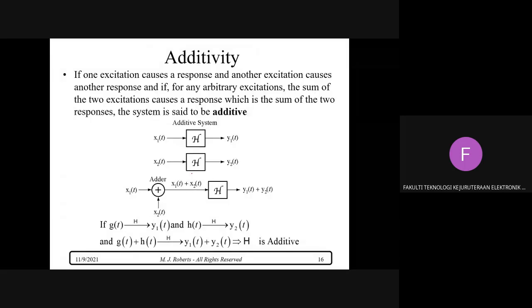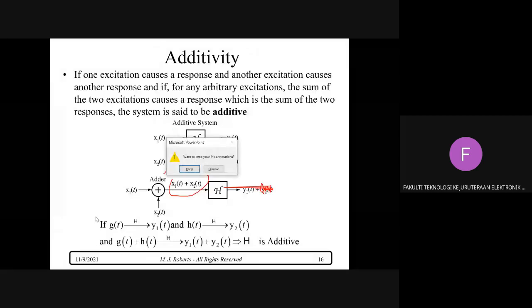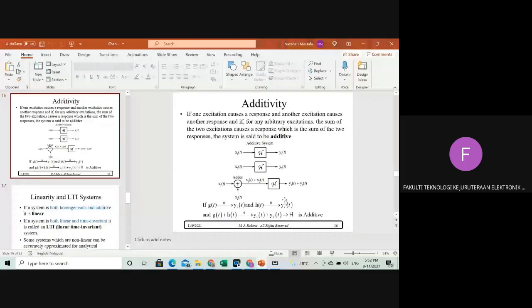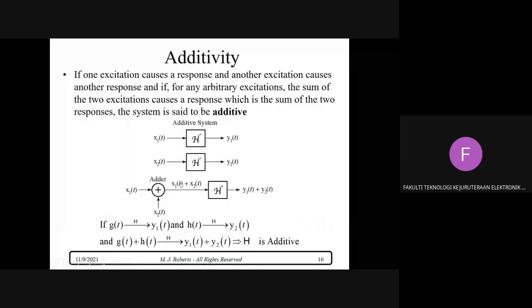If you have this as the input but your output only has y1(t), with no y2, that is not additive. To be additive, you have x1(t) plus x2(t), so the output is also y1(t) plus y2(t).